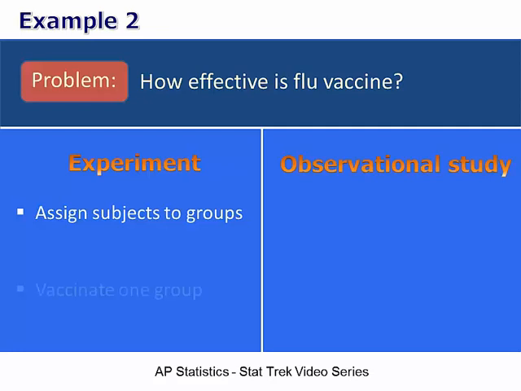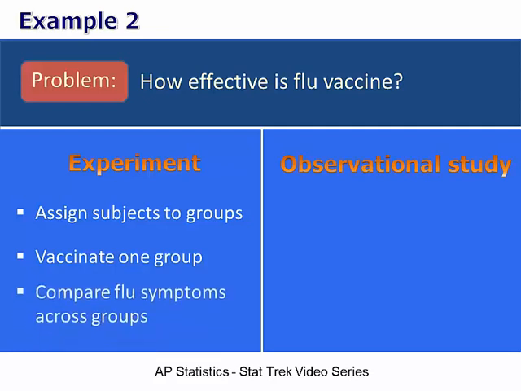You might vaccinate subjects in the treatment group, but not in the control group. Then, you would compare flu symptoms across groups. If the treatment group had less flu than the control group, you might conclude that the vaccine was effective.